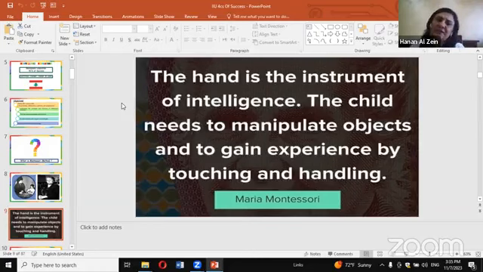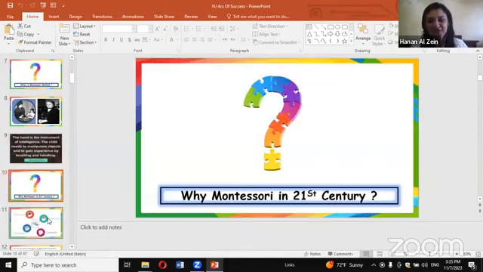She left a legacy of a method that combined the philosophy of freedom, critical thinking, self-development, and sensory learning, that builds our students as holistic personalities who think outside the box. This is the approach behind Montessori.